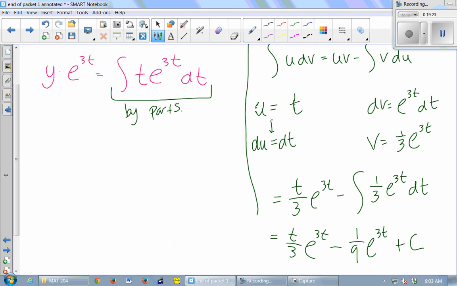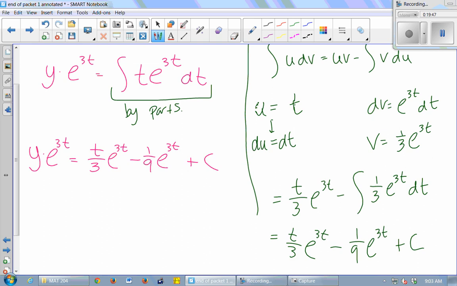Come back over here and I have y times e to the 3t is now equal to the antiderivative of that thing, which I just calculated, is t over 3 e to the 3t minus 1/9 e to the 3t plus c. And then the very last thing I have to do is solve for y, right?